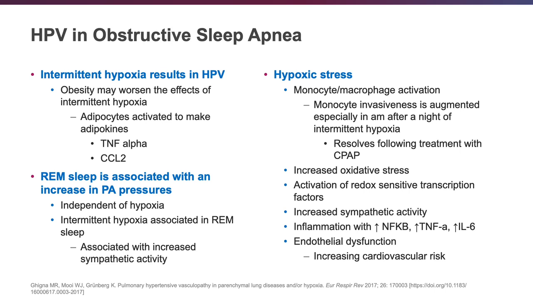Hypoxic stress is occurring with monocyte macrophage activation, and we're finding that plays more of a role these days in idiopathic pulmonary fibrosis. We also see increased oxidative stress, increased inflammatory markers, increased sympathetic activity, especially noting when the heart rate should be lower at nighttime when we sleep, and increased endothelial dysfunction that ups our risk of cardiovascular disease.